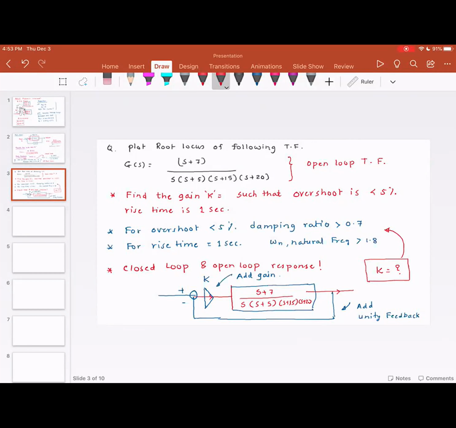The way Matlab works, Matlab can take an open loop transfer function, convert it into a closed loop transfer function, and find the root locus. So when we solve inside Matlab, Matlab can work with the open loop transfer function.